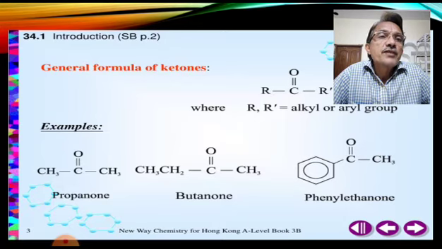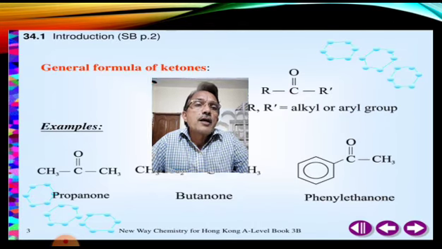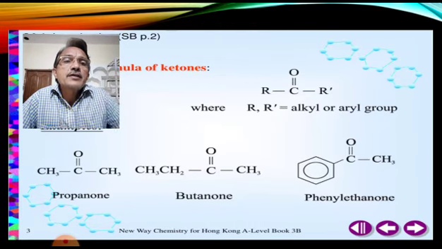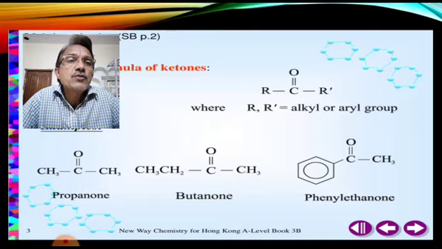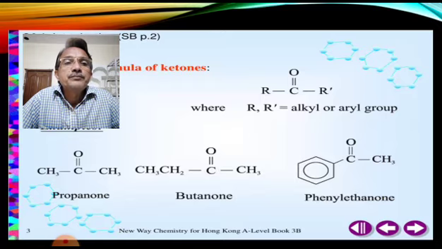General formula of ketones. Already I told you, the carbonyl compounds which contain C-CO-C as a functional group are called ketones. The general formula of ketones is RCOR1, where R1 may be alkyl or aryl group.